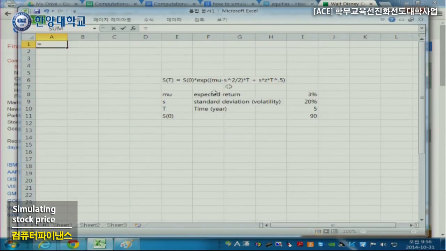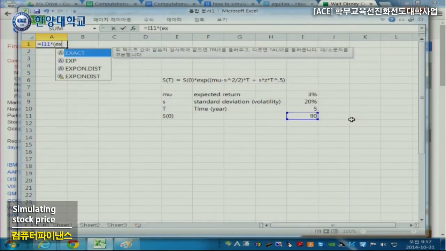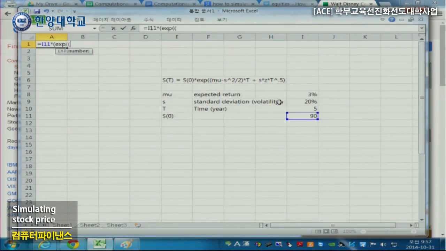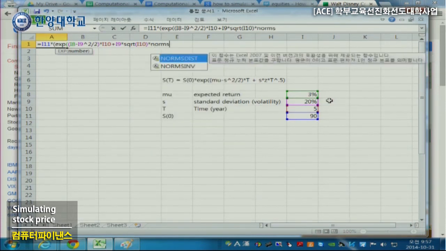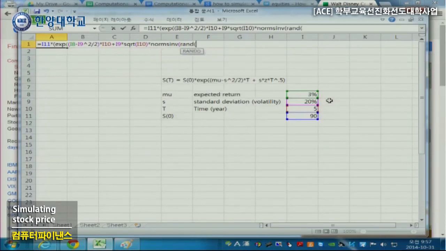One step means this one multiplied by the exponential of mu minus sigma square over 2 multiplied by t, plus sigma multiplied by root t, and then we add the shock from the standard normal distribution, which we know how to do: norm.s.inv of rand.